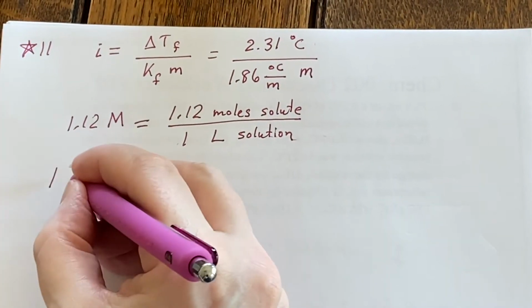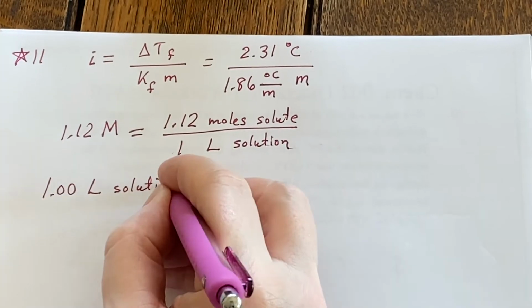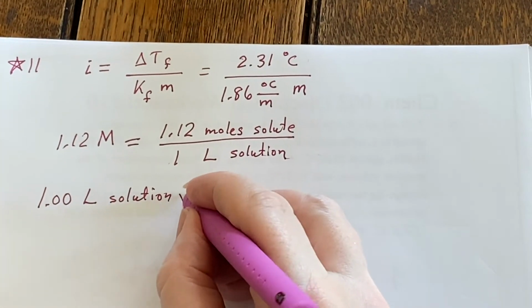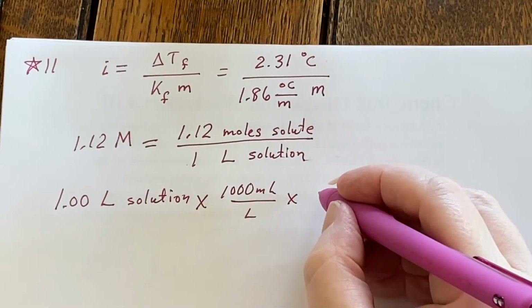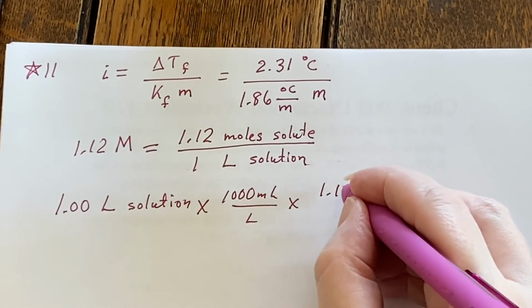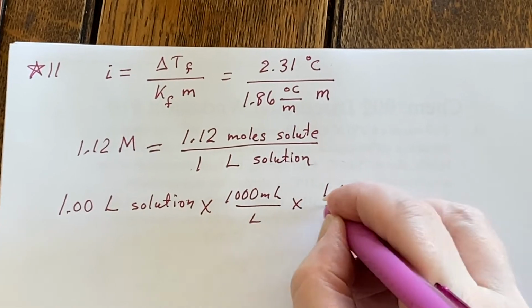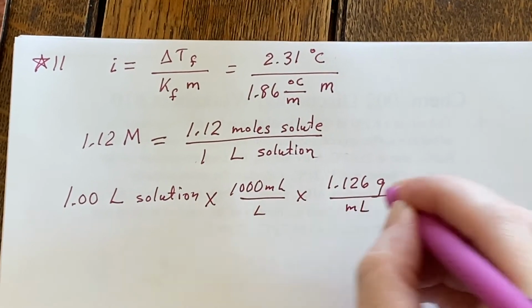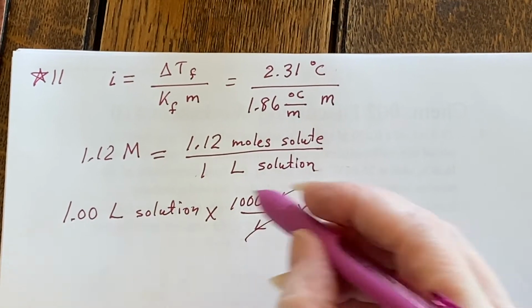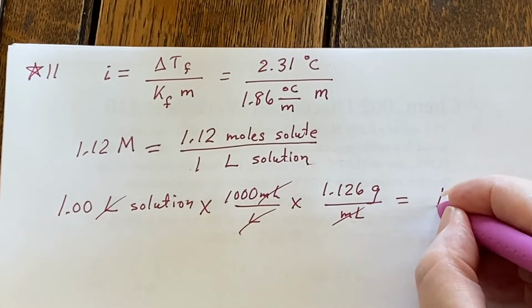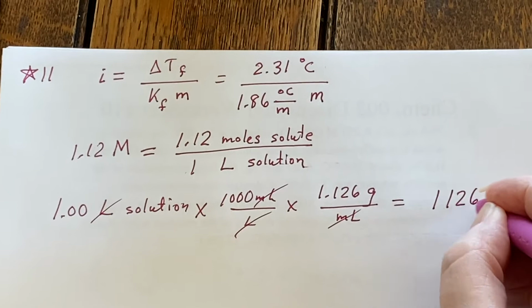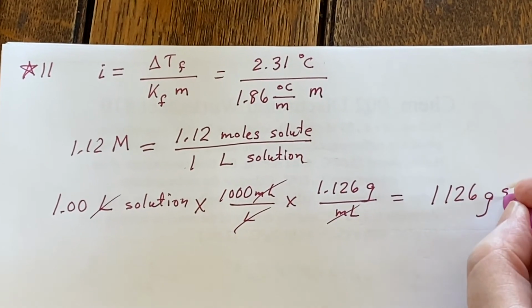If I have 1 liter of solution, then I can turn that into milliliters and then use that density, 1.126 grams per milliliter. So the milliliters will cancel, the liters will cancel. And we will end up saying that we had 1,126 grams of solution.